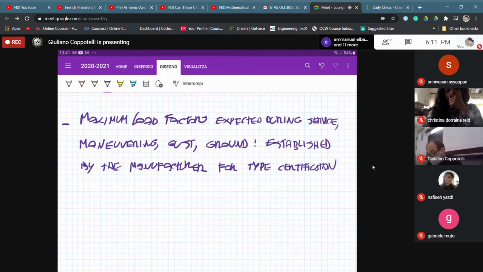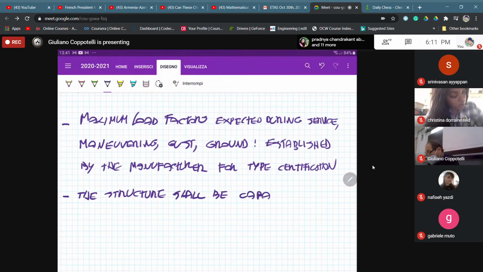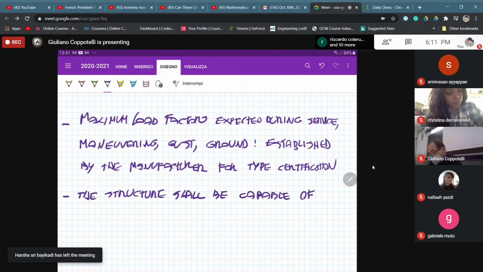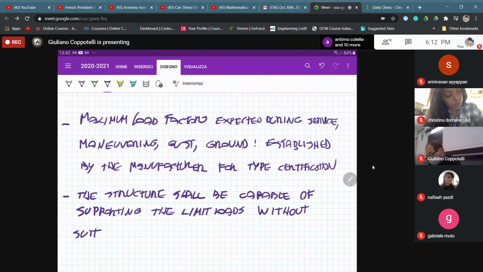Okay, so we can write here as a remark that this structure, and that is our goal, shall be capable of supporting the limit loads without suffering any special bad behavior.